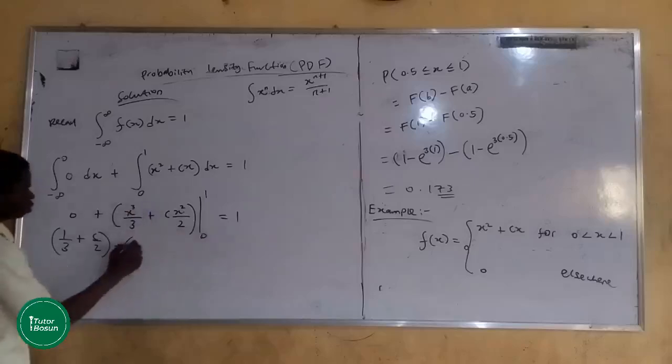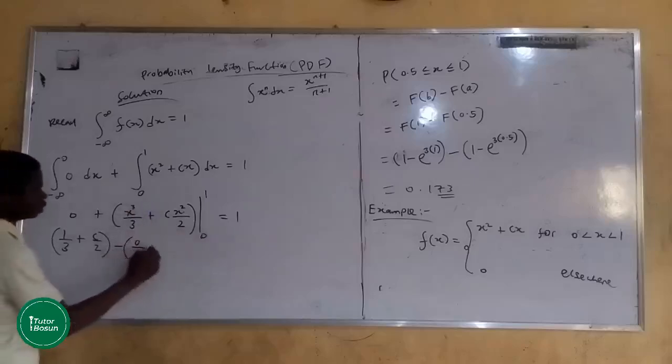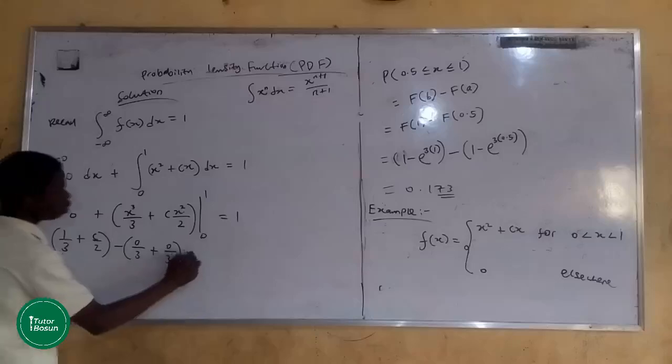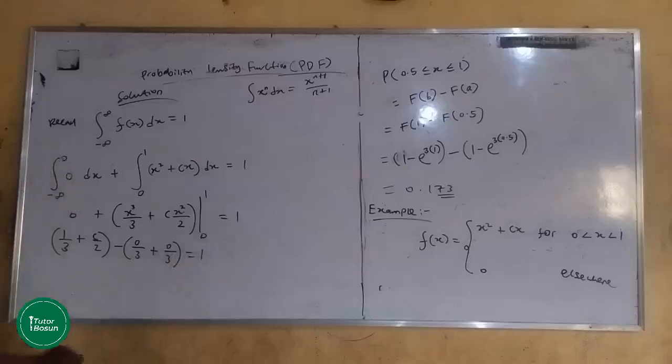When you introduce 0, it is 0 over 3 plus 0 over 2, which equals 0. So automatically this becomes 1 over 3 plus c over 2, and the other part becomes 0, since 0 over anything is 0. Everything equals 1.